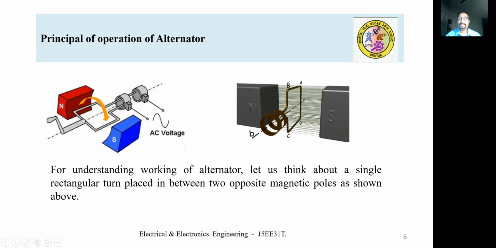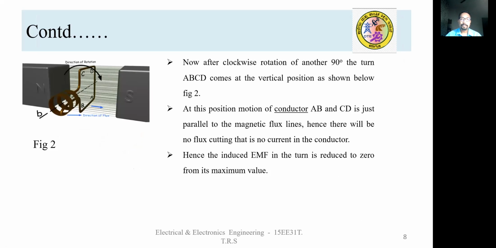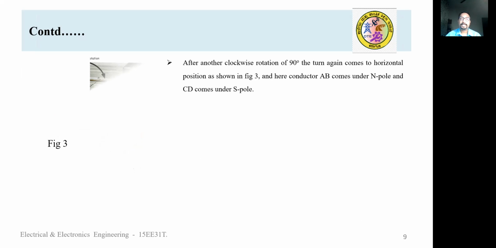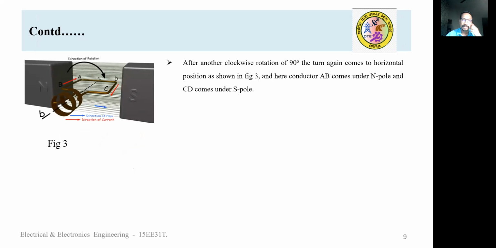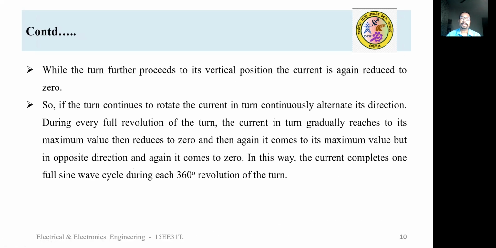After 270 degrees, if the coil is further moved to an angle of 360 degrees, then it comes to the original position. That means induced EMF will reduce from its maximum position to zero. So finally, one cycle of rotation has been completed by the coil. So one cycle of EMF will be induced in this coil.